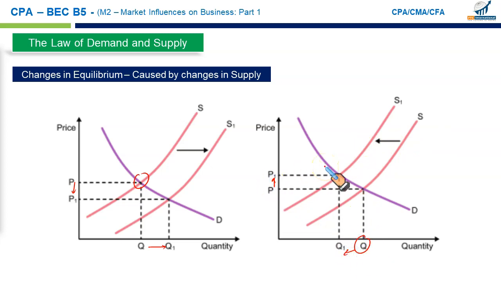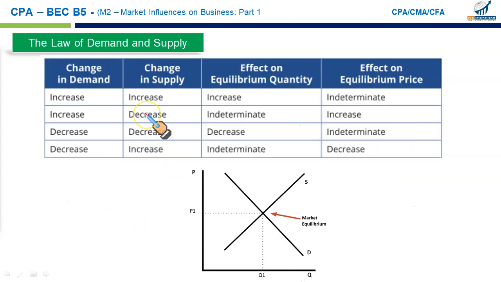Now, it is possible on your exam that you might be required to assess simultaneous changes in demand and supply. Okay, now let us discuss a few cases. In the first case, the demand increases to D1, and at the same time supply increases to a new position S1.